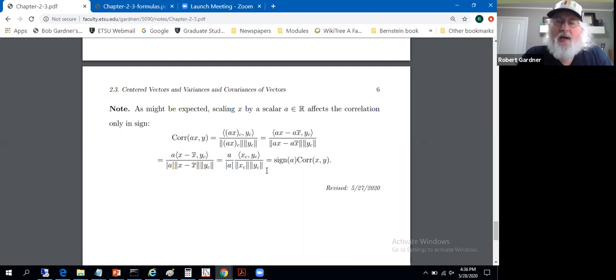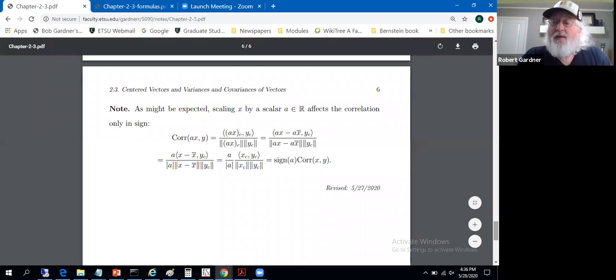That'd be the sign of a. If a is positive, then this is 1. If a is negative, then this is negative 1. So multiplying one of the sets of data by a positive constant doesn't change the correlation at all. Multiplying it by a negative constant doesn't change the magnitude of the correlation, but changes the sign of the correlation. So there's how that manipulation of data affects correlations.